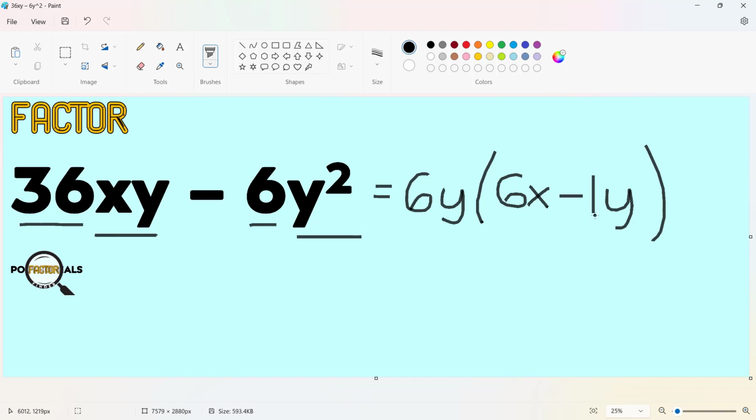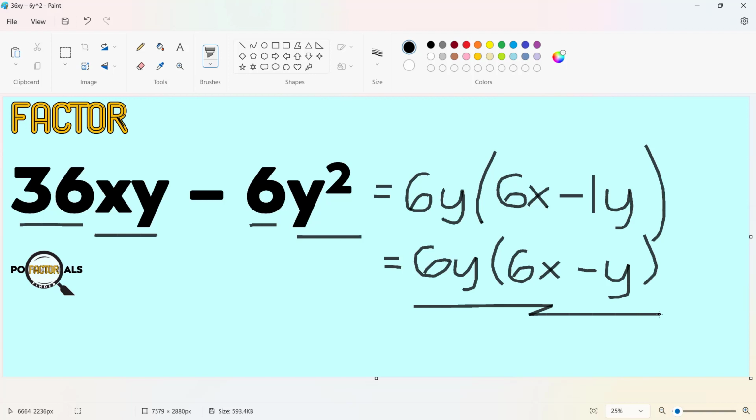But since we usually do not write 1 here, we could rewrite this in this form. The factors of our given polynomial are the monomial 6y and the binomial 6x minus y. So this is the correct answer, or the better answer, for this given polynomial.